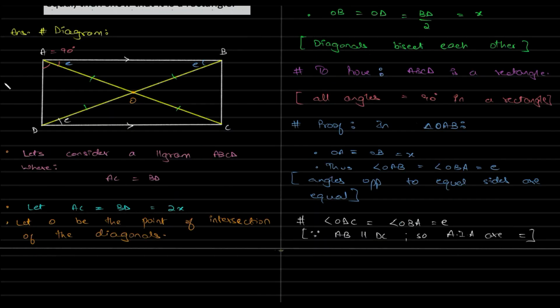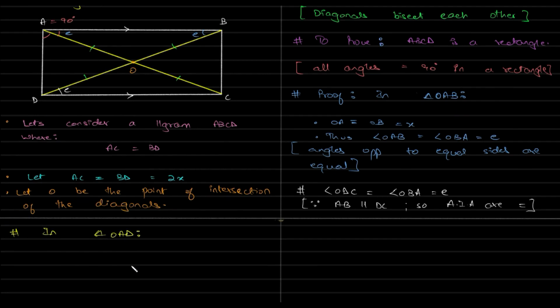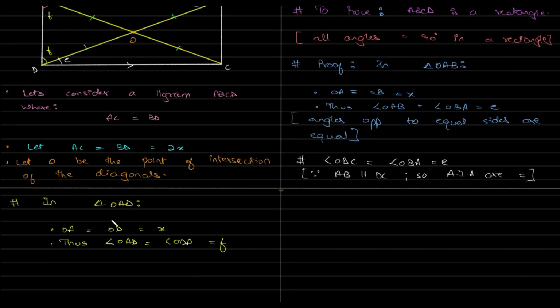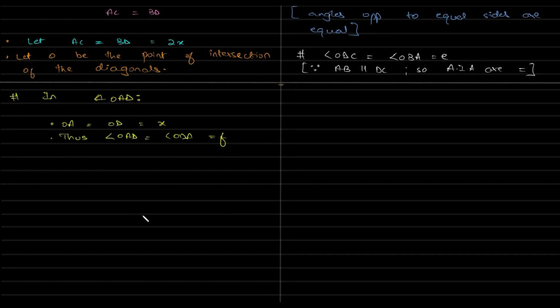So with all of this, we have in triangle OAD, OA is equal to OD, right, which is all of this is equal to x. Thus angle OAD is equal to angle ODA, which is equal to say F. So if this is F, this too is F, right? So reason we need not write, we already wrote a similar thing.